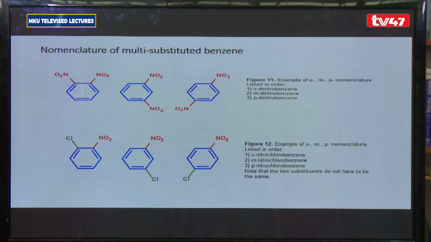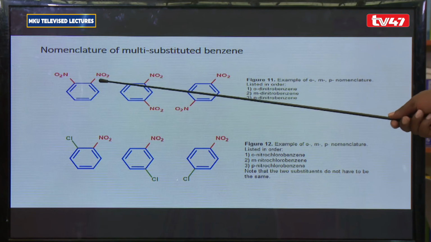We have 2 nitro groups, and we have said that if you have 2 groups, then you name by using the prefix di. If there are 3, then it is tri. So, for example, this one is a dinitrobenzene, but the positions have to be given.